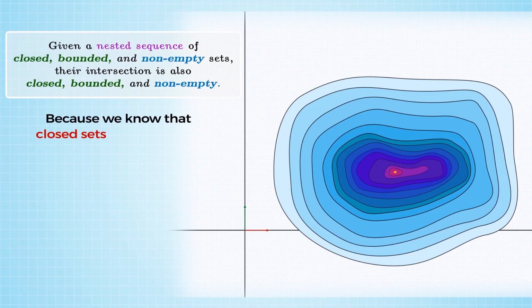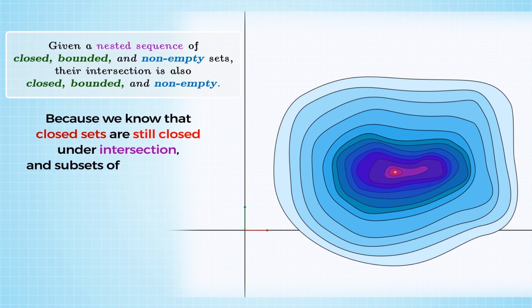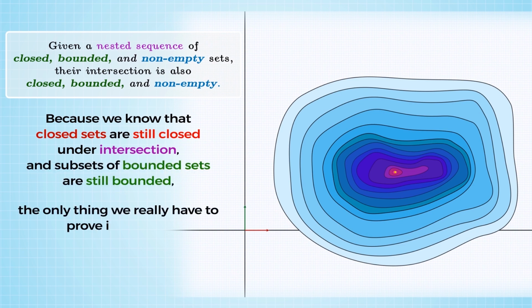Because we know that closed sets are still closed under intersection, and subsets of bounded sets are still bounded, the only thing we really have to prove is that the intersection is non-empty.